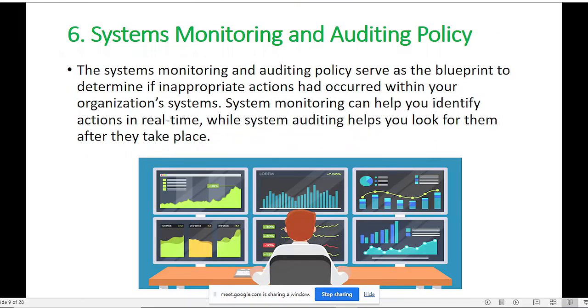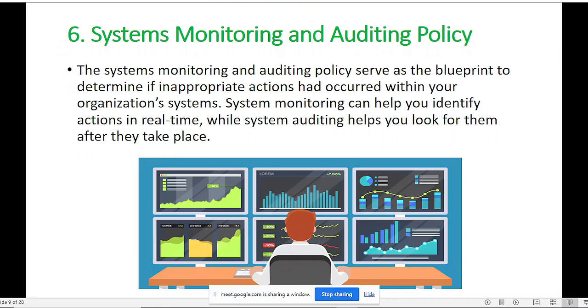We also have the monitoring or auditing policies, right? Of course, this one is a policy based on the back end, or how the network is actually implemented. For example, if something happens while you're not around, we have the intrusion detection systems. It might help you understand what happened.